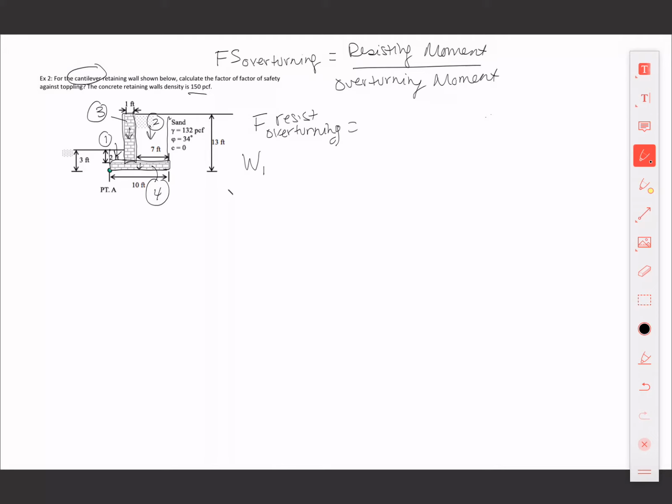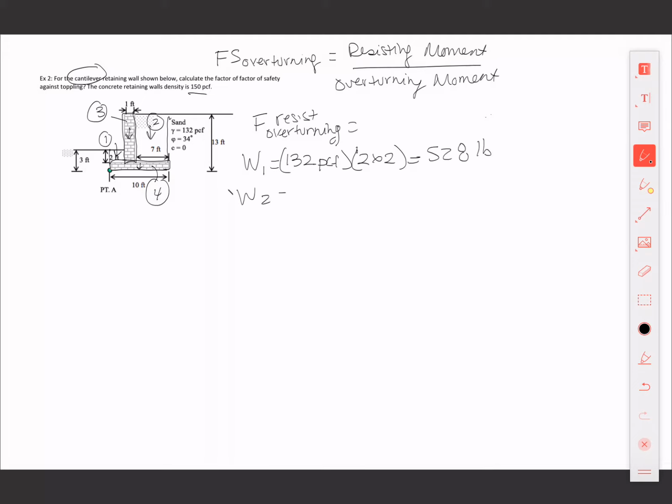So the weight for section 1 is the unit weight of the soil, which was given as 132 PCF, times the area of that soil. In this case, it's 2 feet by 2 feet. So that is 528 pounds.